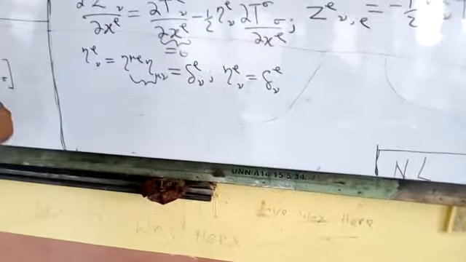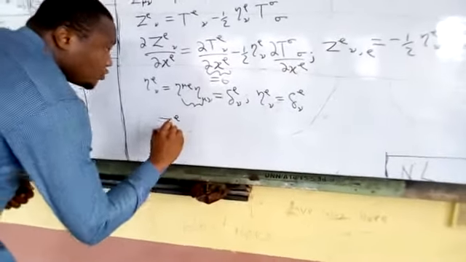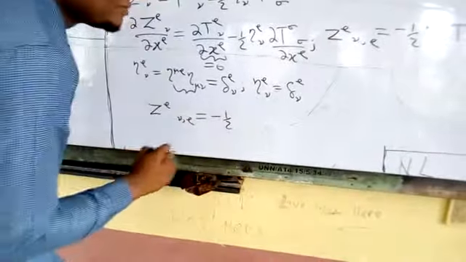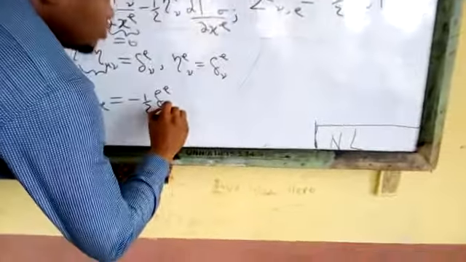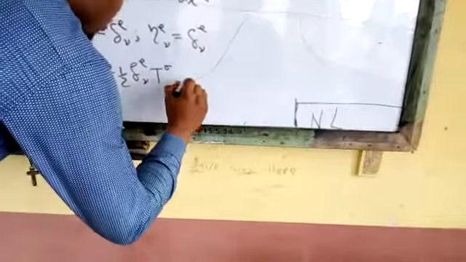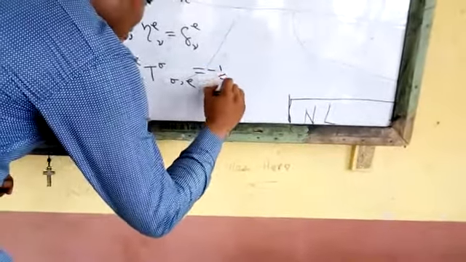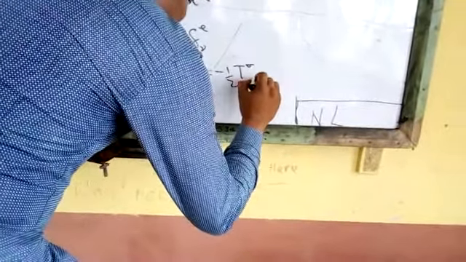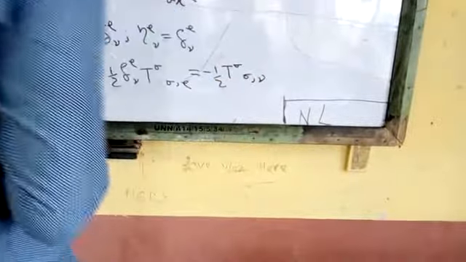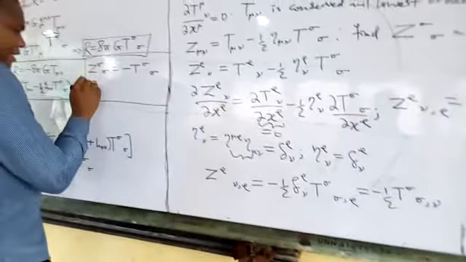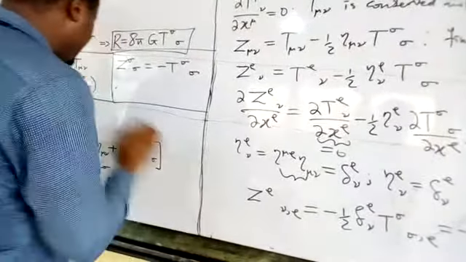So on that expression, it therefore means that I have here Z rho nu, comma rho, equal to minus half Kronecker delta rho nu T sigma sigma, comma rho, which of course is minus 1 over 2. If I were to evaluate this Kronecker delta, I'm going to have T sigma sigma, comma, instead of rho, becomes nu. So at this point in time, this is what I get. I can put that as sigma, not sigma, please.